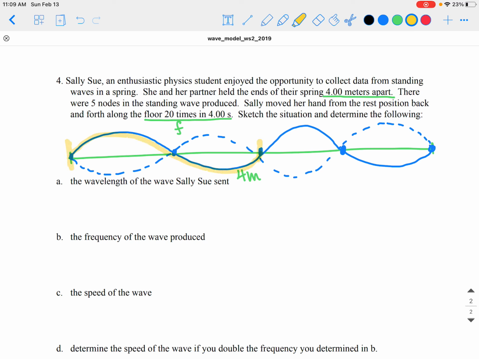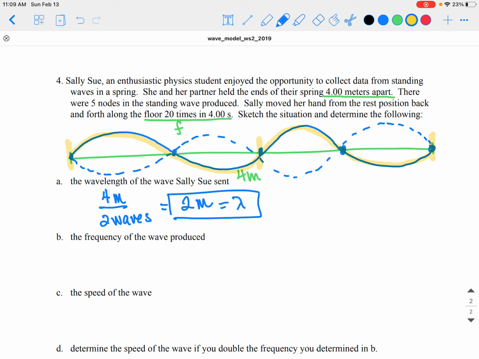So there's 3 nodes here. If we look at this total standing wave, I can see that there are 2 waves in this 4-meter distance. So if I calculate the total distance divided by 2 waves, I can conclude that there are 2 meters of wavelength.